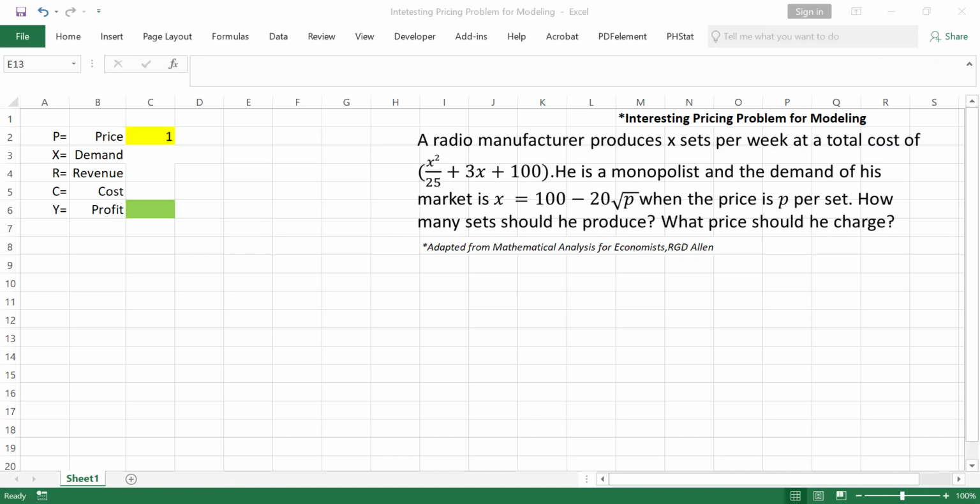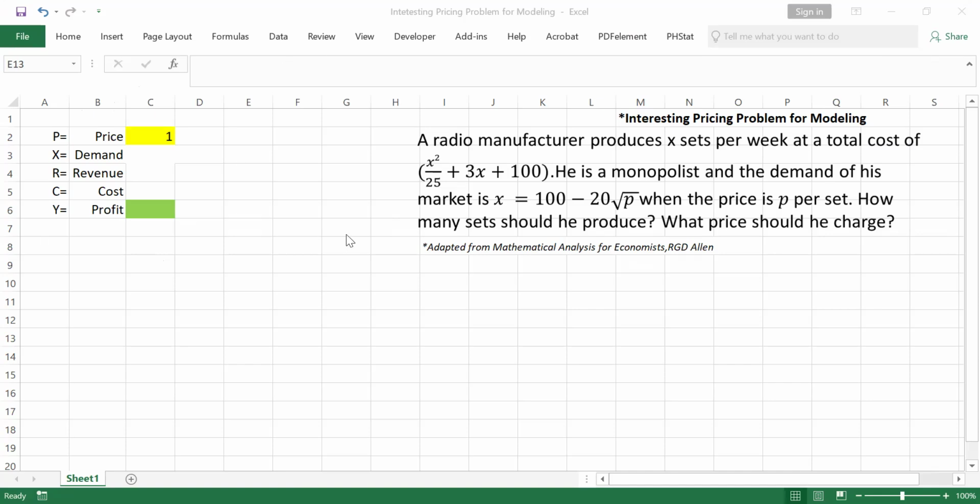And this has been adapted here for the purpose of discussion because it is very much suitable for spreadsheet modeling. We will obtain the solution using the optimization engine Solver. Let me read out the problem.